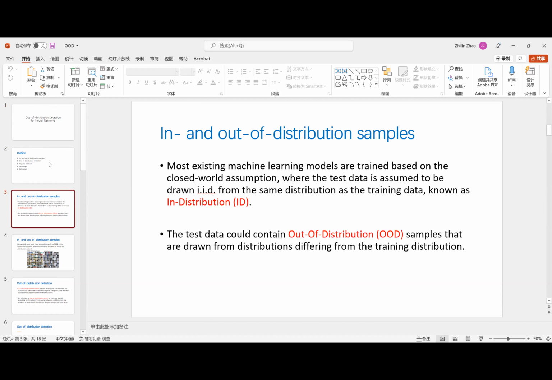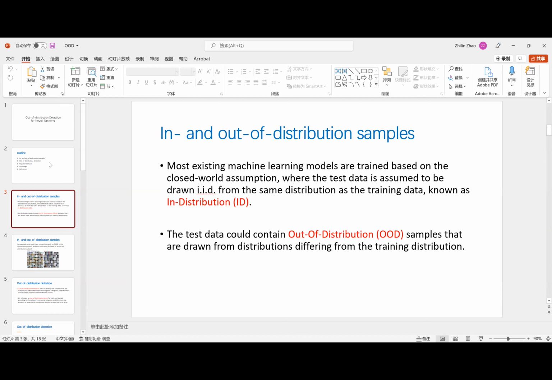In existing machine learning models, we usually assume that the test data is IID, which means that we assume the test and the training data are drawn from the same distribution, and we call the training samples in-distribution.